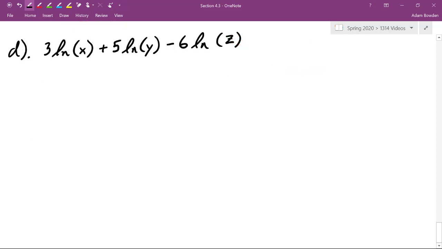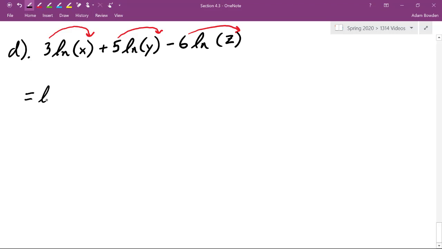Now here's one with several logarithms to combine back together again. 3 ln x plus 5 ln y minus 6 ln z. So we're going to take it step by step to combine each individual logarithm back together again. The first thing we can do though is take these numbers from the front and put them back as powers on the inside by the power rule for logarithms.